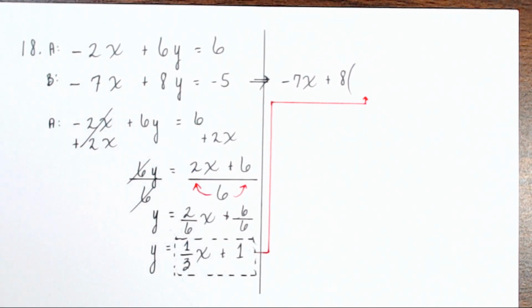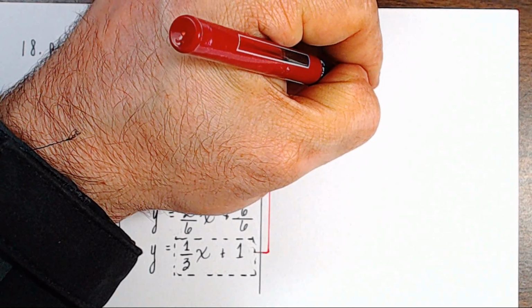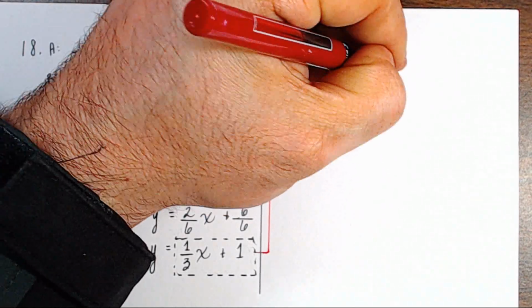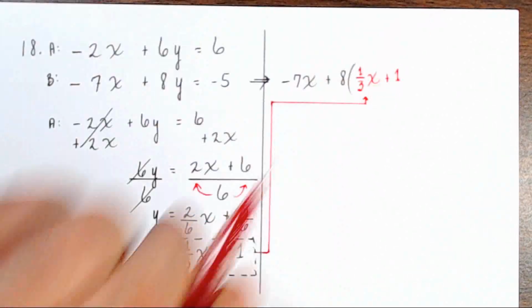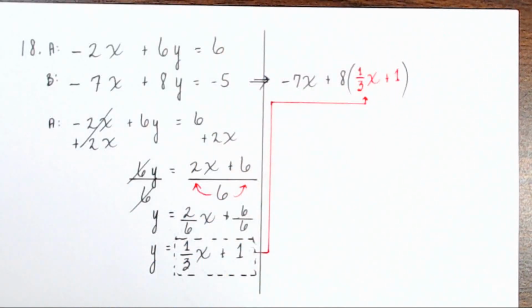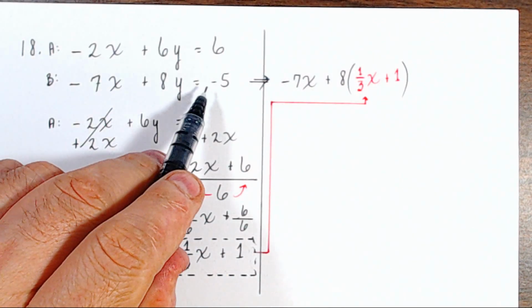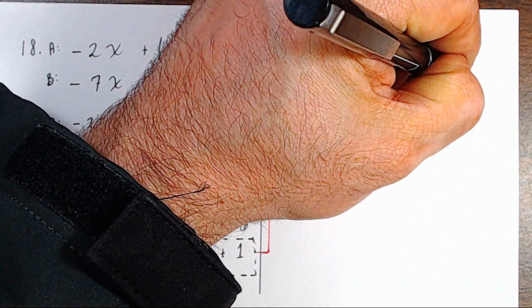Okay? So we're going to put up here 1/3 x plus 1. Close parentheses. Okay? Equals -5.